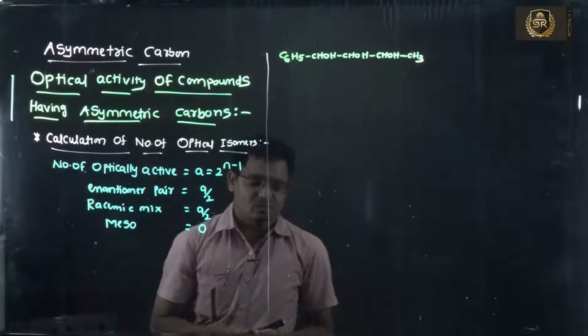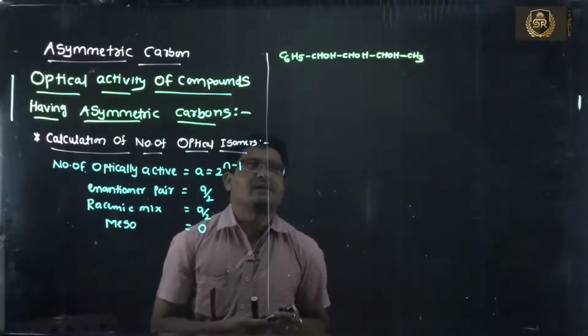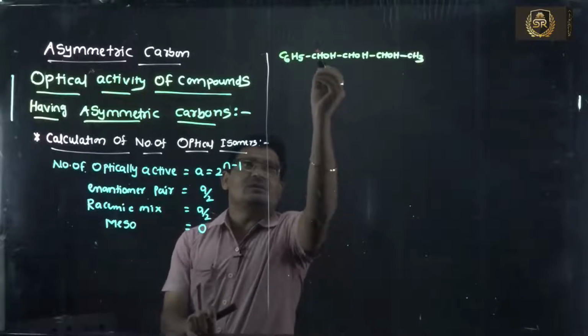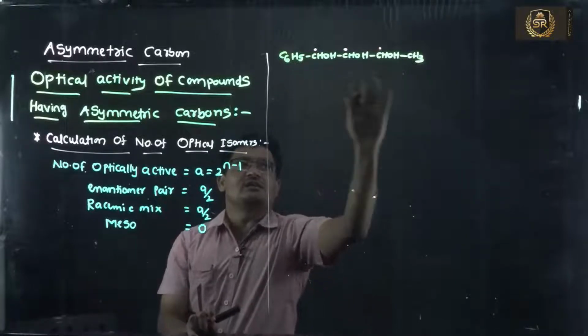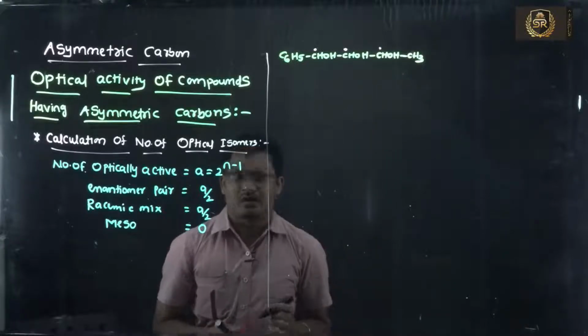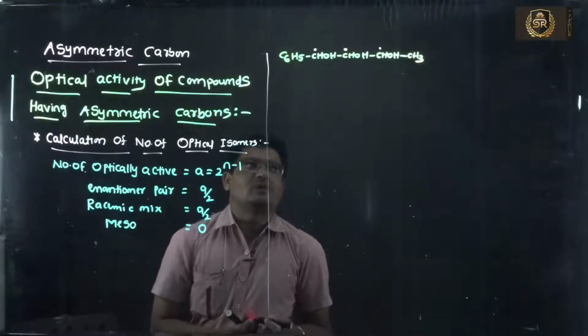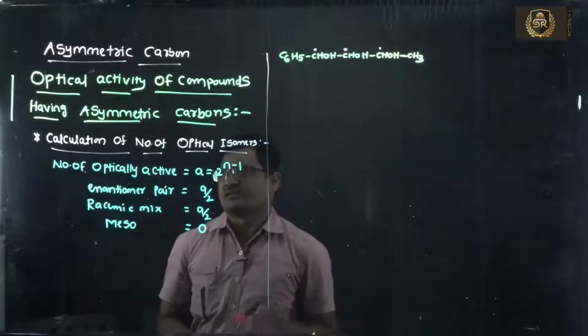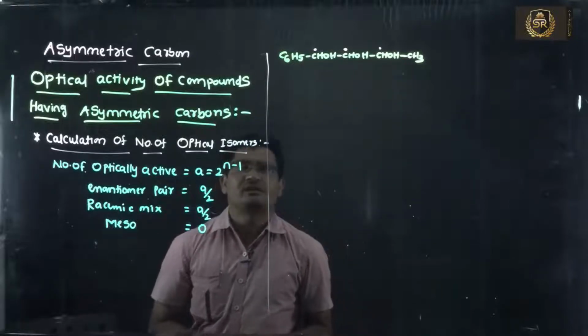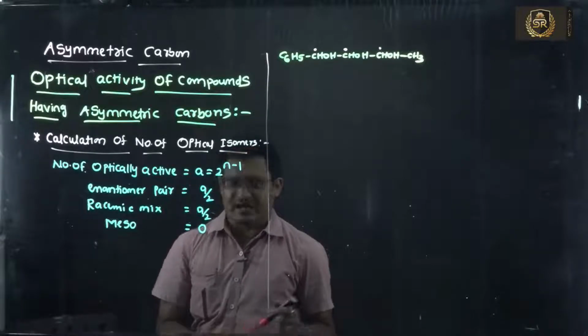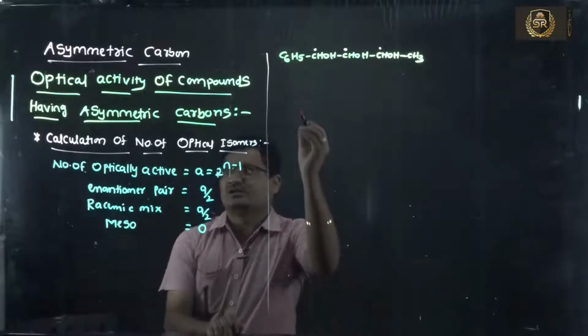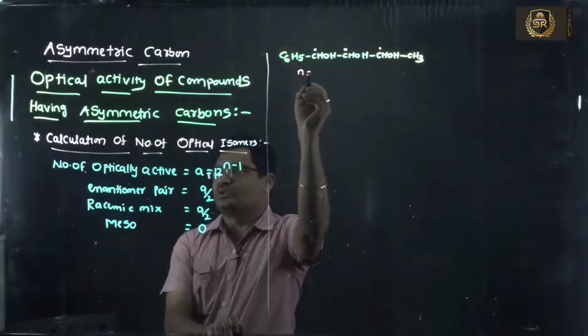That means the above compound cannot be divided into two identical halves, and both ends will be different. So in case both ends are different, what is optically active? Now in this given formula n equals 3.